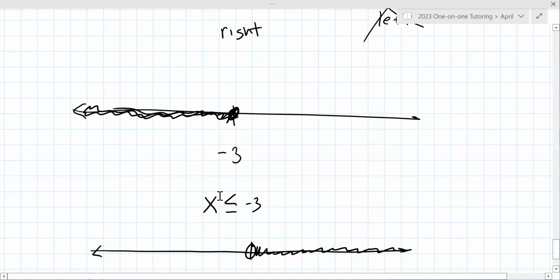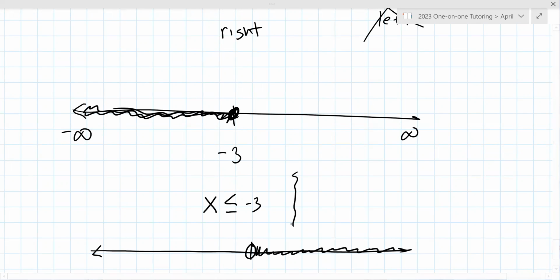Now let's go back and do interval notation. So here's negative infinity, here's positive infinity. What would interval notation be, with the parentheses and brackets? Start from the left and go right.